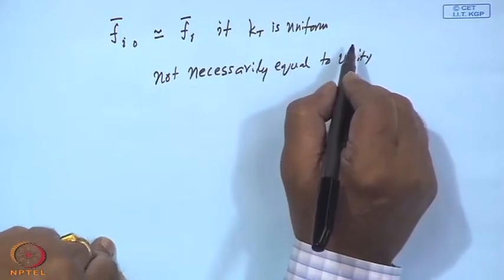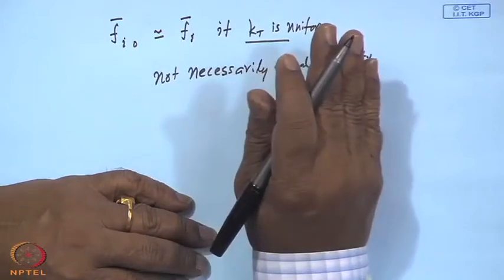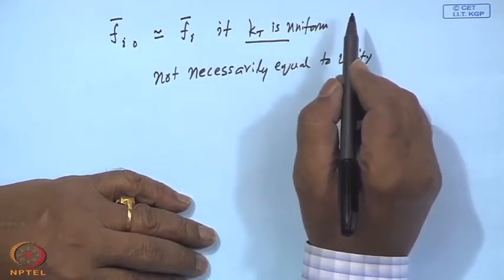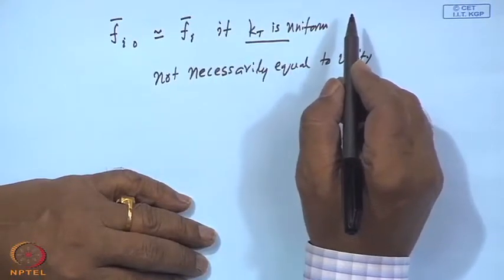Looking at the success of why the terrestrial calculation is yielding sufficiently accurate results as the extraterrestrial calculation, the other way around, the extraterrestrial assumption is good enough for the terrestrial conditions also. We found that if Kt is not necessarily equal to unity but is uniform, it will be quite acceptable, and it will be exactly equal to the calculations we made under extraterrestrial conditions.